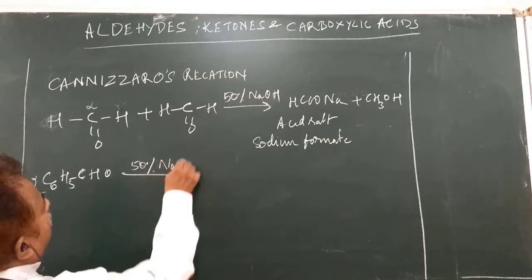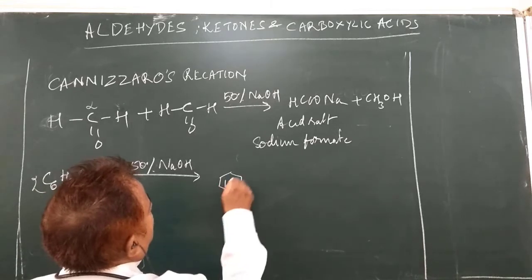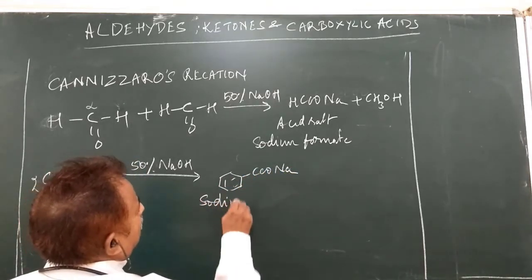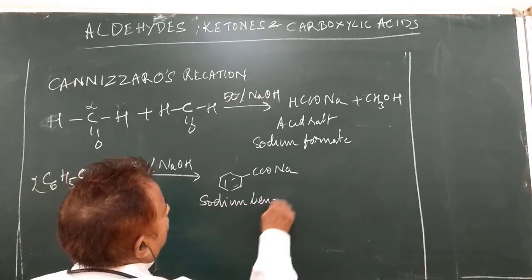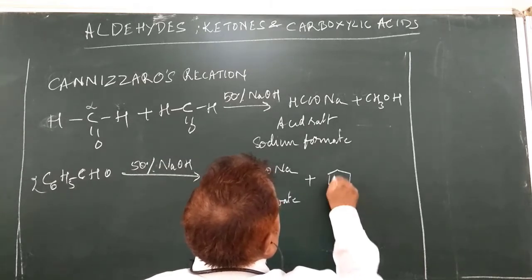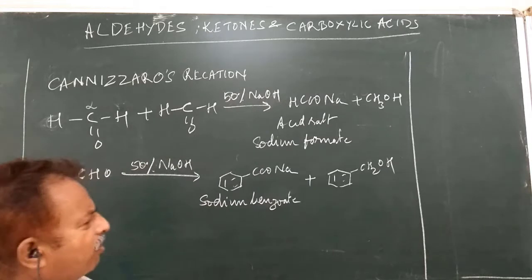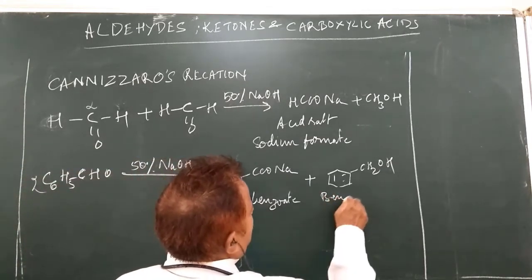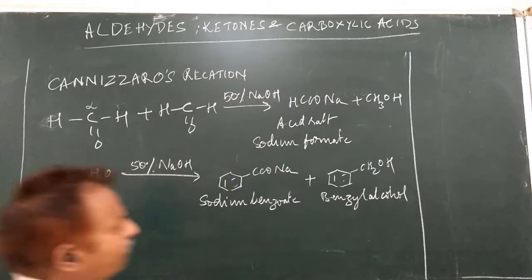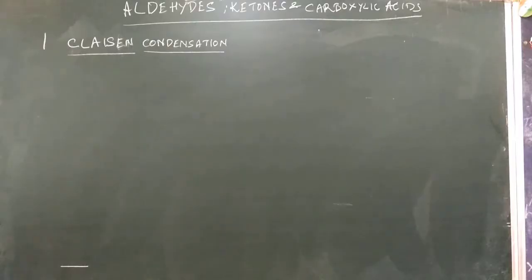With 50% NaOH, we get C6H5COONa, sodium benzoate, and C6H5CH2OH, benzyl alcohol. So this reaction is the Cannizzaro reaction.